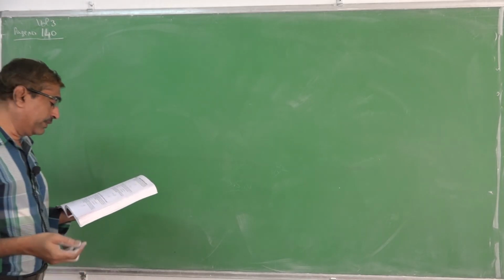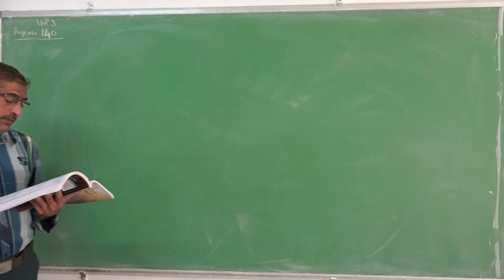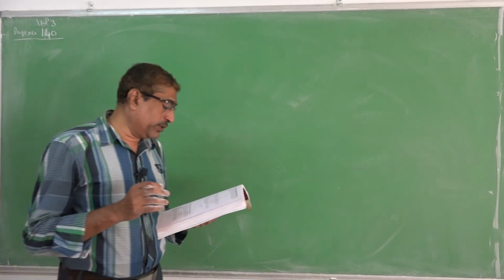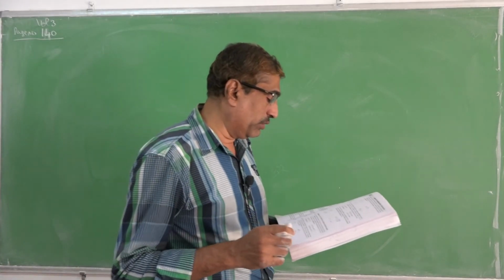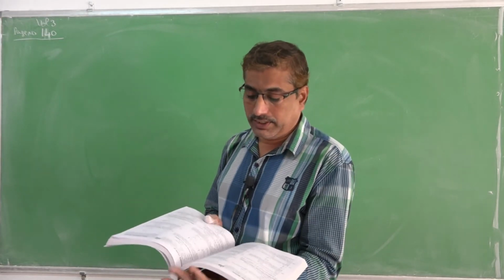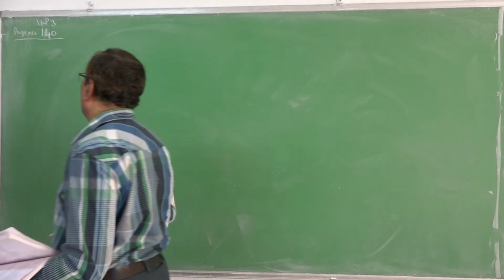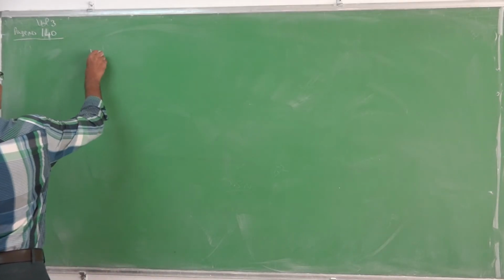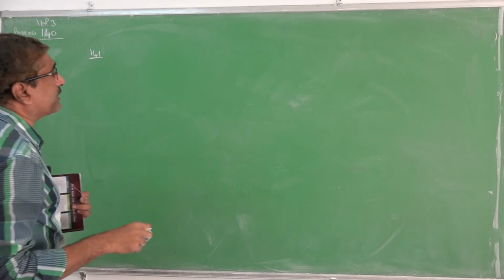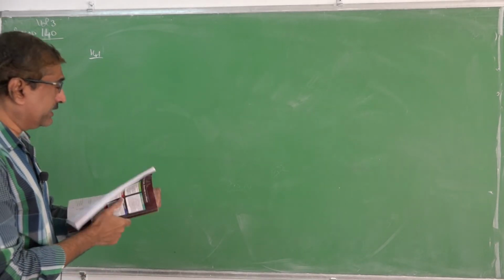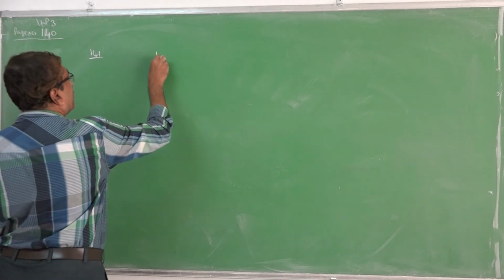The elongation of a spring of length L and of negligible mass due to force F is X. The spring is cut into two pieces of lengths in the ratio 1:n. Find the ratio of the respective spring constants. This is problem number 141. So a spring is cut into two parts such that their respective lengths are in the ratio 1:n.